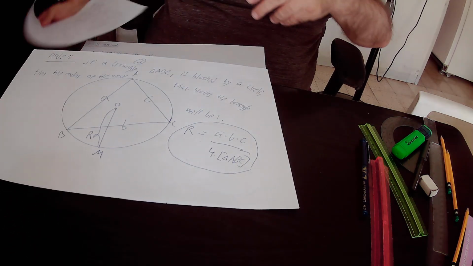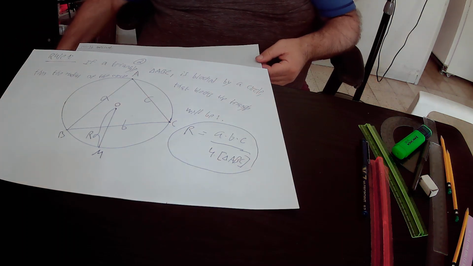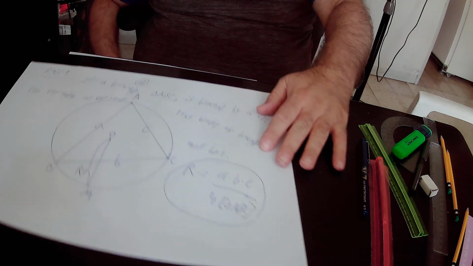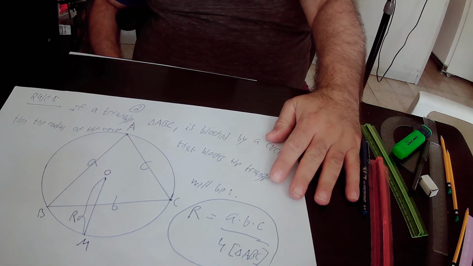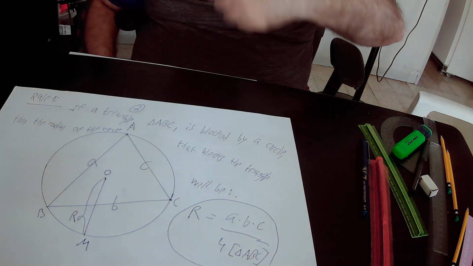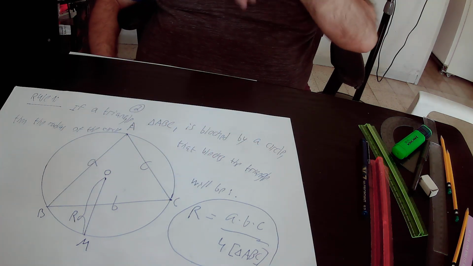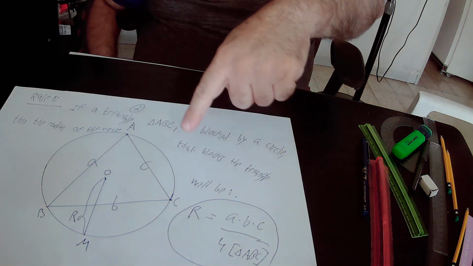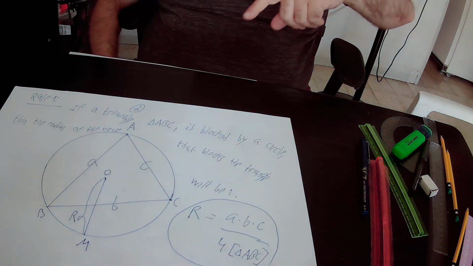In the next step, I presented a new rule number 1, and we implemented rule number 1 in our drawing. Rule number 1 is true in any circle, so here this circle could be any circle. If we have in this circle a triangle ABC that is blocked by the circle, why is it blocked by the circle?